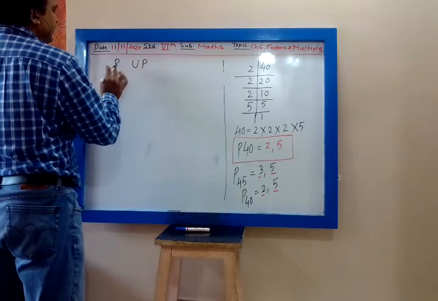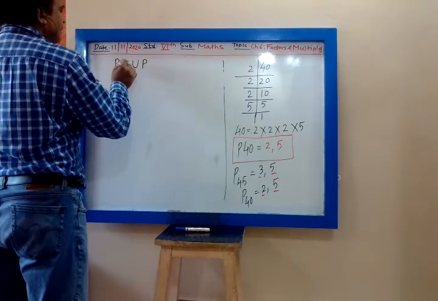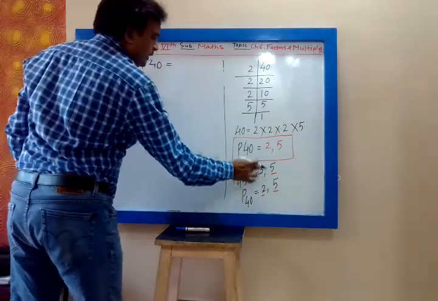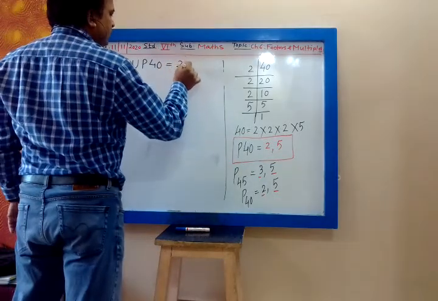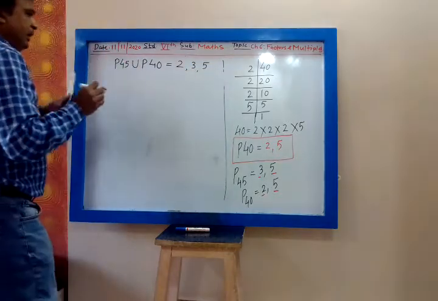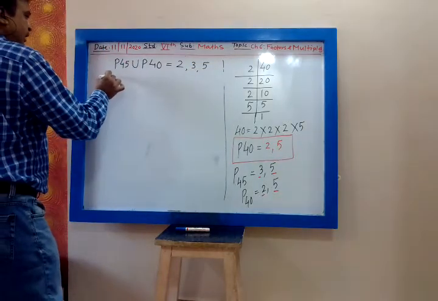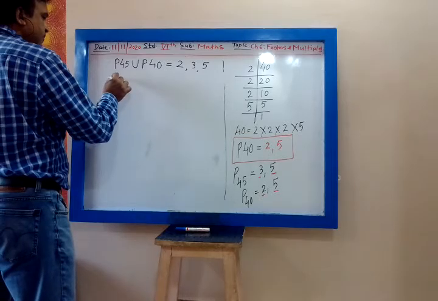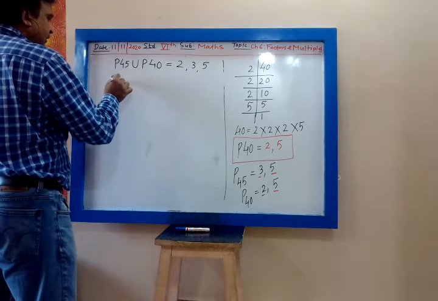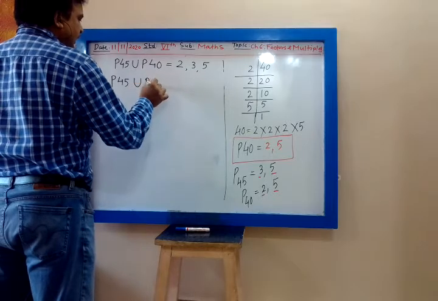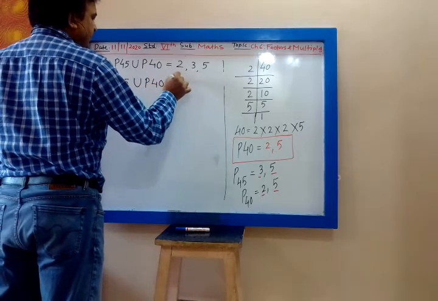Which are the factors? 2, 3, 5. So P45 union P40 is Pn.